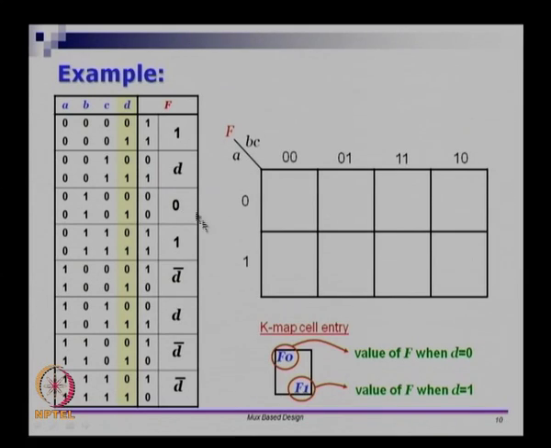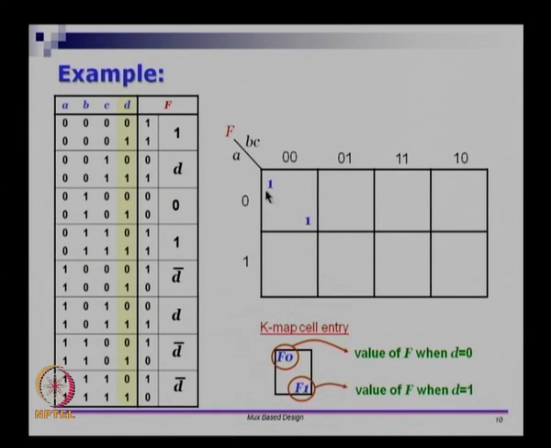So, in the left top corner of every cell, I am going to put the value of f when d equal to 0 for that cell, and in the bottom I am going to put the value of f when d equal to 1, corresponding to the combination ABC. So, when A is 0, B is 0 and C is 0, for d equal to 0 whatever it is, I am going to put at the left top, when d equal to 1 I am going to put it at the right bottom. So, that will be 1 and 1. So, these are the two values.